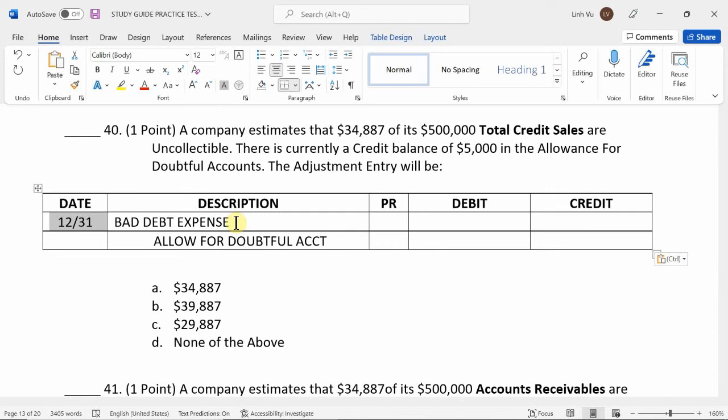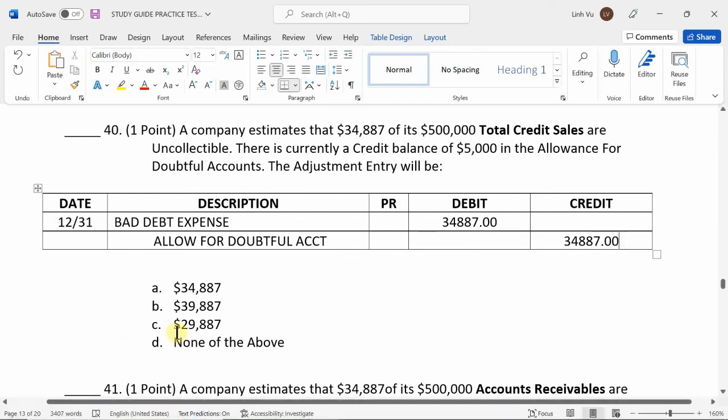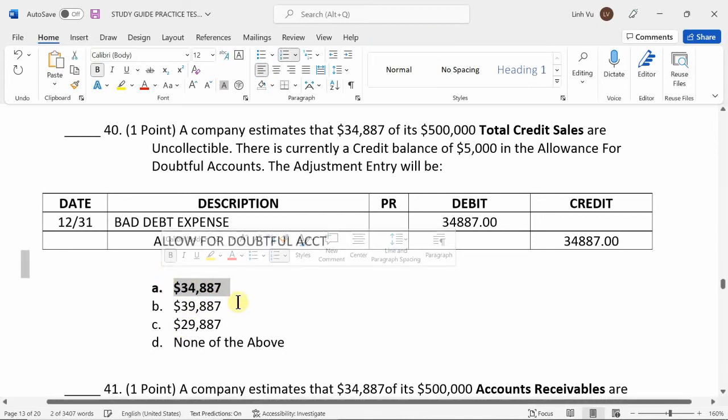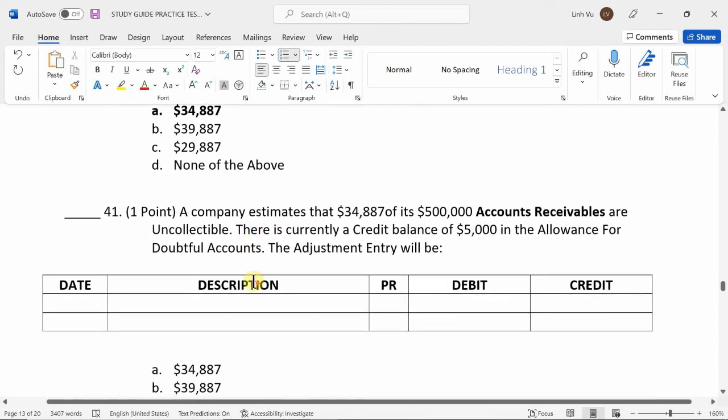So it's a total credit, so the balance doesn't affect it. We just take the estimate amount of 34,887. Good. Excellent. Okay, so that is correct because, like you just said, it's the income statement method. We don't see the accounts receivable, so the allowance for doubtful accounts will have no effect on it.